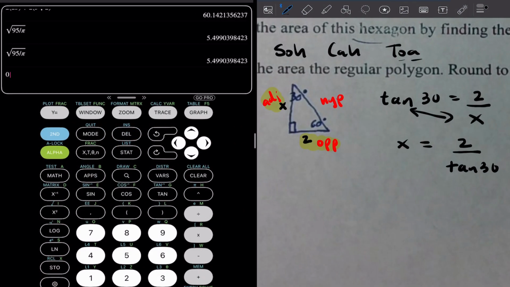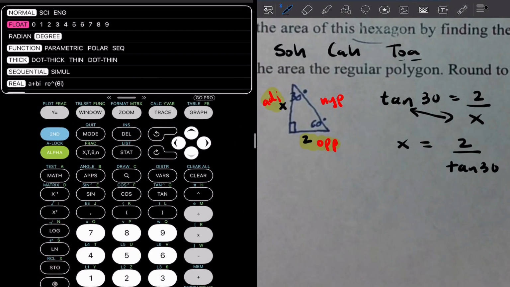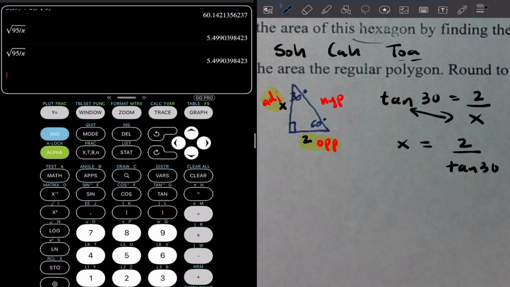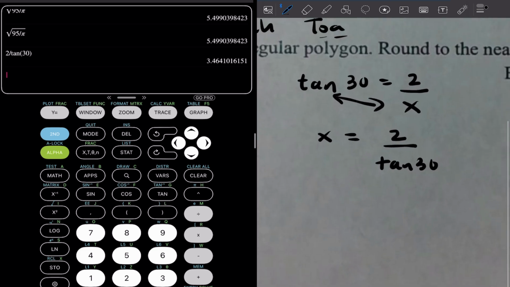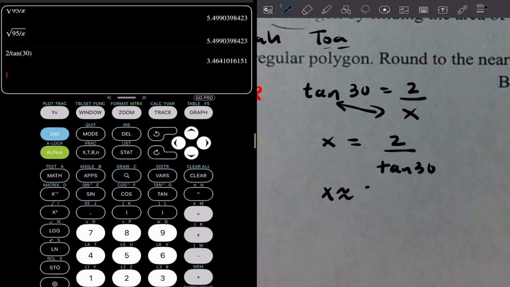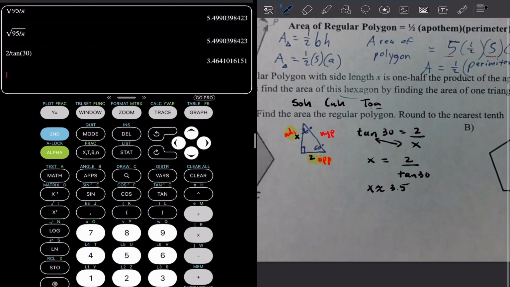Then I'm going to get my calculator out and set it to degree, which it already is. I'm going to input 2 divided by tangent of 30, which is 3.5. So x is approximately 3.5.